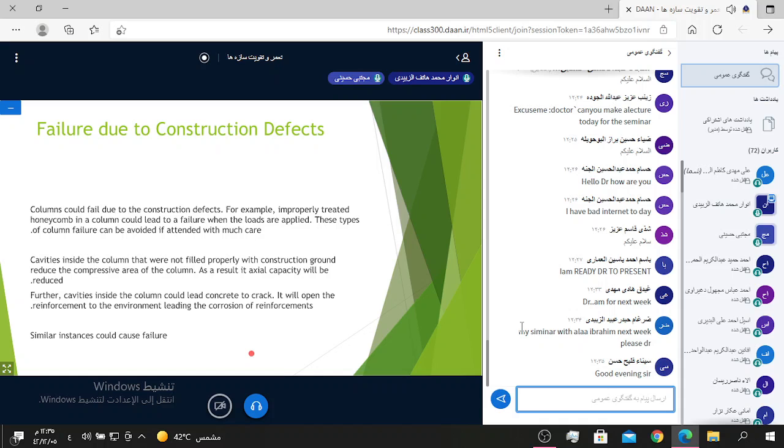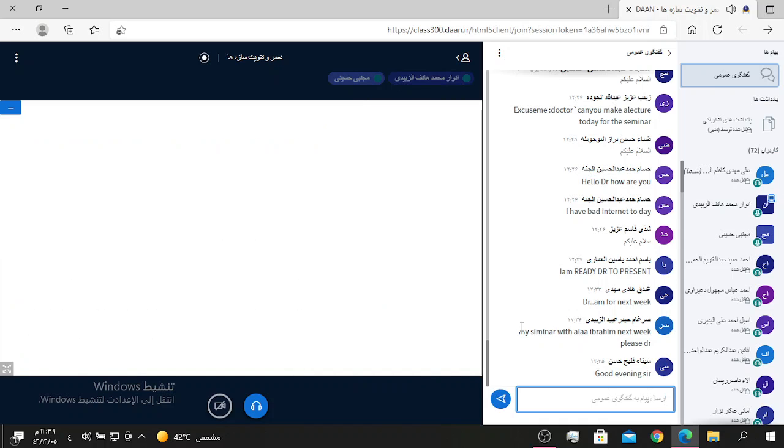This is the compressive area of the column. As a result, its axial capacity will be reduced. Further, cavities inside the column could lead the concrete to crack. It will expose the reinforcement to the environment, leading to corrosion of reinforcements. Similarly, insect attack could cause failure.